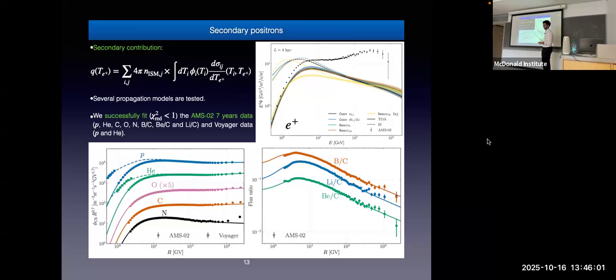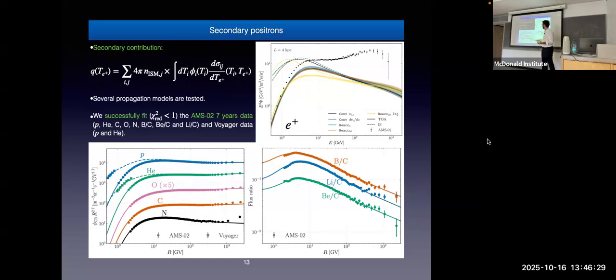So in order to fix our primary cosmic rays that interact with the ISM, what we can do is to use a code like GALPROP and basically model and try to perform a fit to all the different data that we have from the AMS collaboration on primary cosmic rays, secondary cosmic rays, etc., testing different propagation models that can all be free parameters that we can tune and fit to the data and produce a prediction.